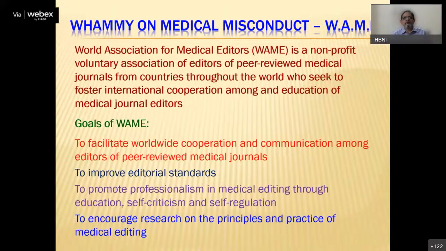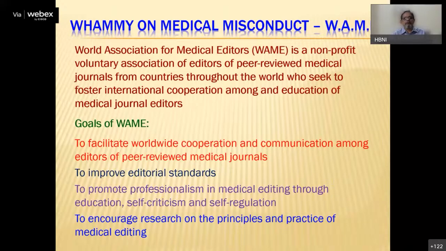So this is specifically for medical research. And this voluntary association of editors of medical journals got together from countries throughout the world. And they seek to foster international cooperation among, as well as education of, medical journal editors.